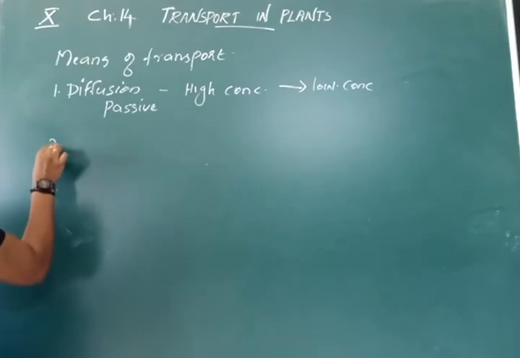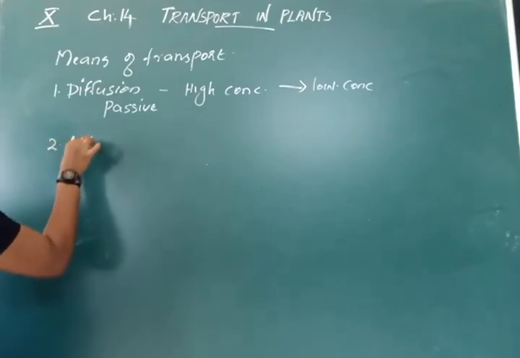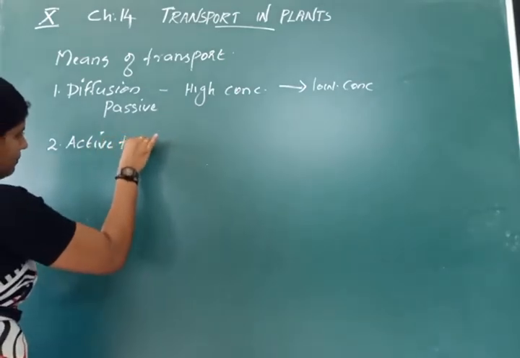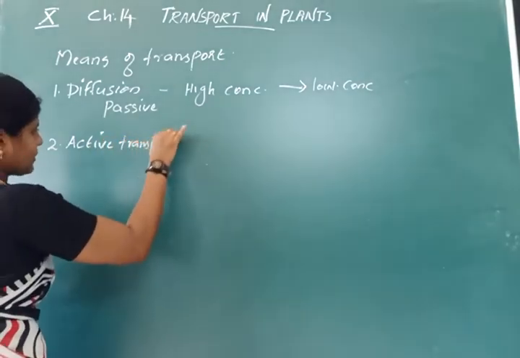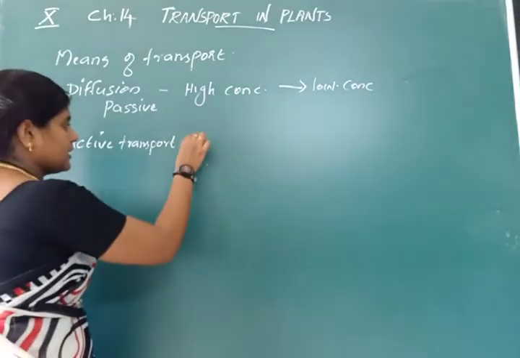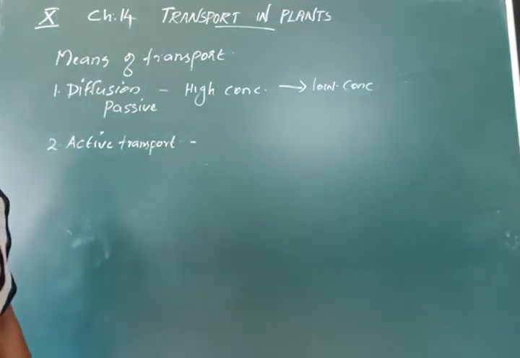Second means of transport is active transport. Active transport is an energy utilization process. So active transport works with the help of energy expenditure. Here it is against the concentration gradient.